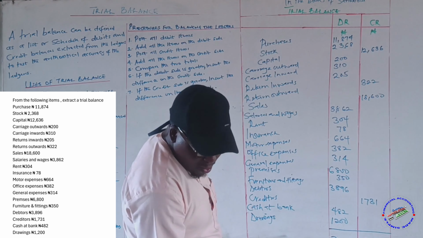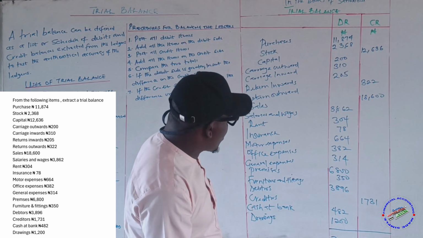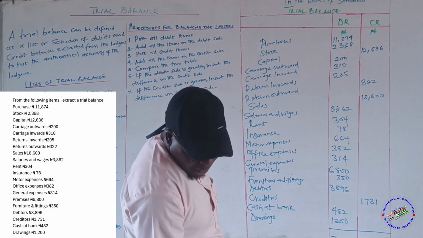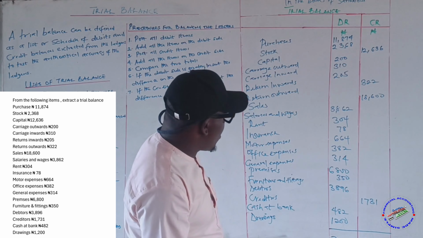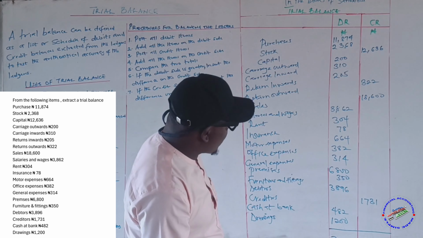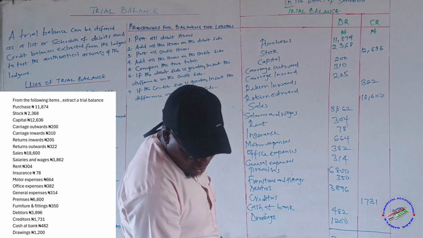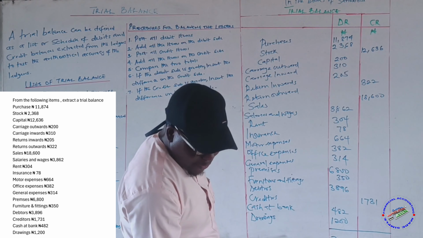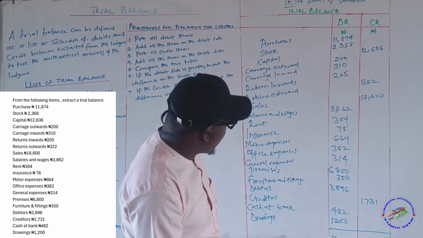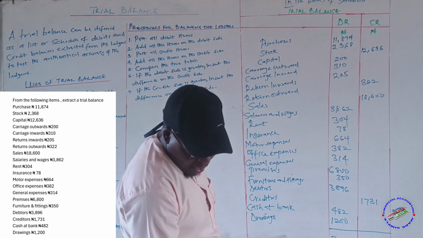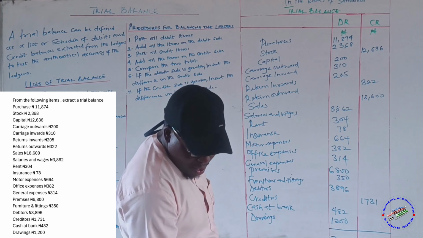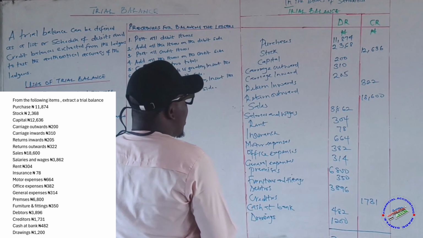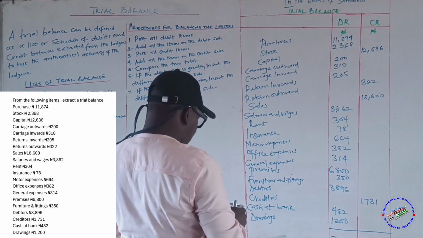Rents 304. 78 for insurance. 664 for motor expenses. 382 for office expenses. 314 general expenses. 6,800 for premises. 350 furniture and fitting. 3,896 for debtors. Creditors 1,731. Cash at bank 482. Drawings 1,200.